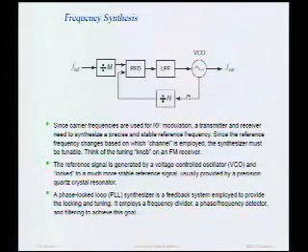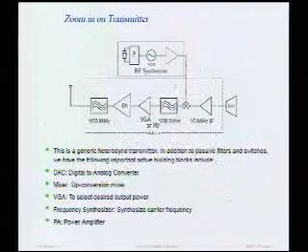In particular, we'll look at how you build a frequency divider, how you build a phase detector or a phase frequency detector, and basically this is a low-pass filter. I assume you know how to build a low-pass filter. But we'll talk about how you stabilize this feedback system. It's actually a tricky feedback system because it involves a lot of nonlinear components. And we'll find that we can linearize the system over a small range and analyze it as if it were a linear circuit. So we'll talk about that also later.